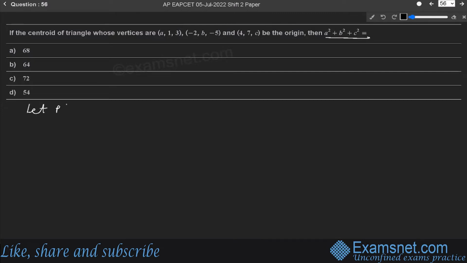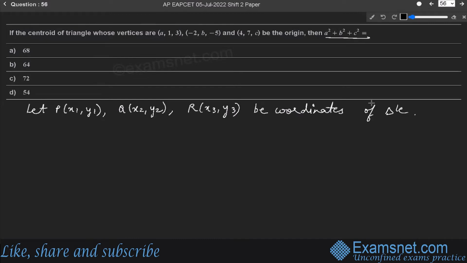Let P x1 comma y1, Q x2 comma y2 and R x3 comma y3 be the coordinates of the triangle. The triangle has 3 coordinates, so let this be the coordinates of the triangle.